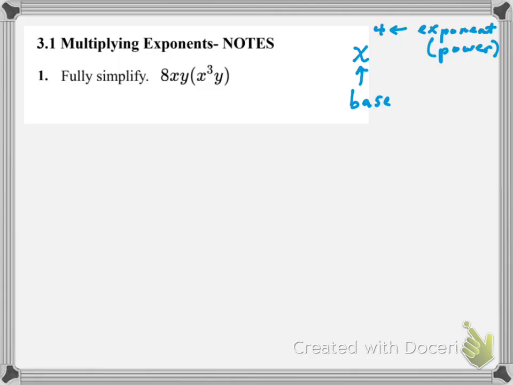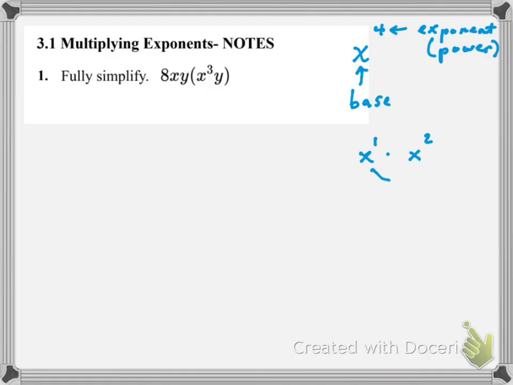Now, the first thing we're going to do is multiply, all right? So, in general, let's say that I have x times x to the second. We'll make it easy, okay? Now, if there's just an x with no exponent, we assume there's a 1.